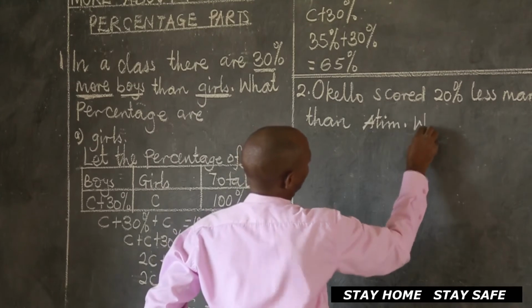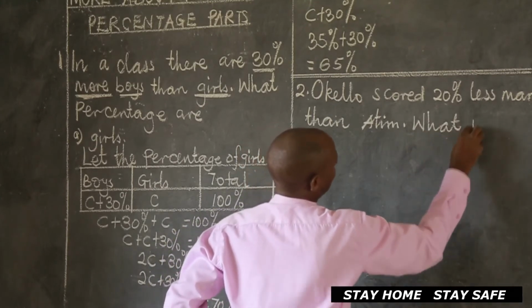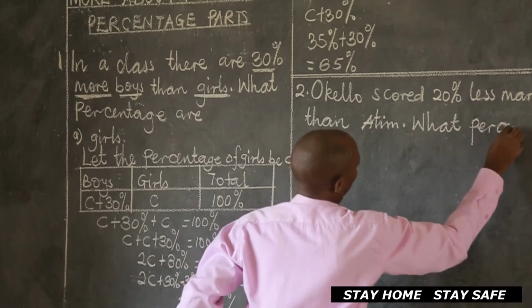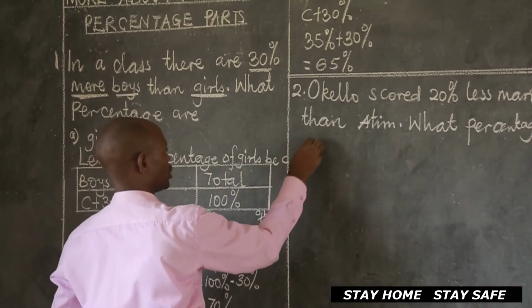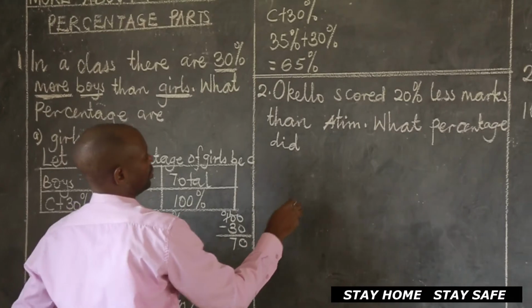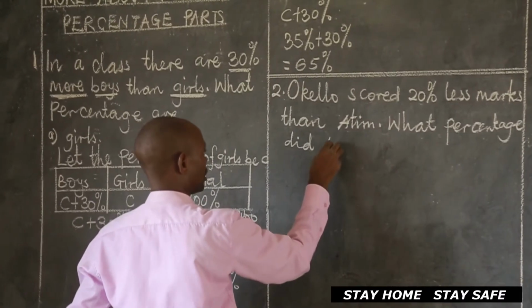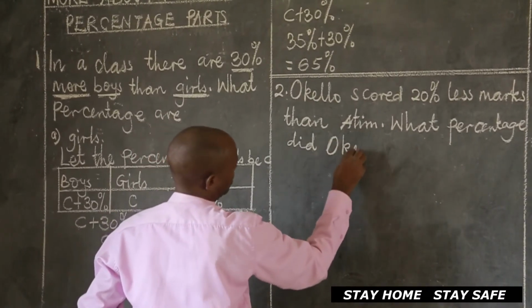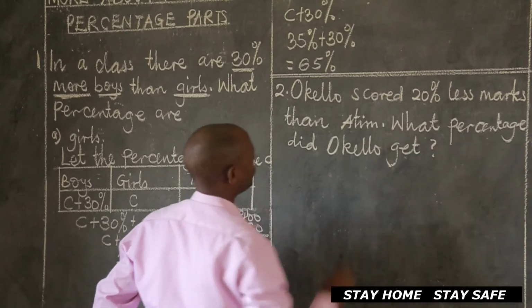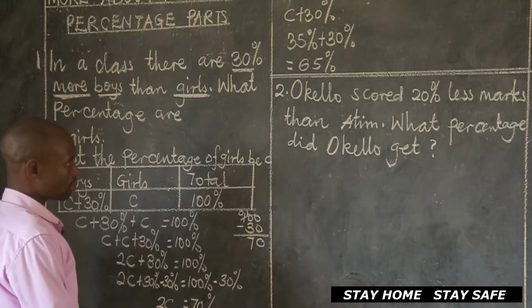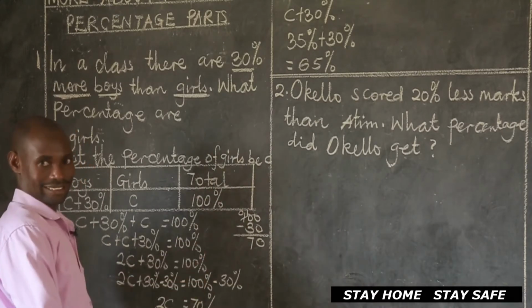So my question is, what percentage did Okero get? Okay? Okero scored 20% less.